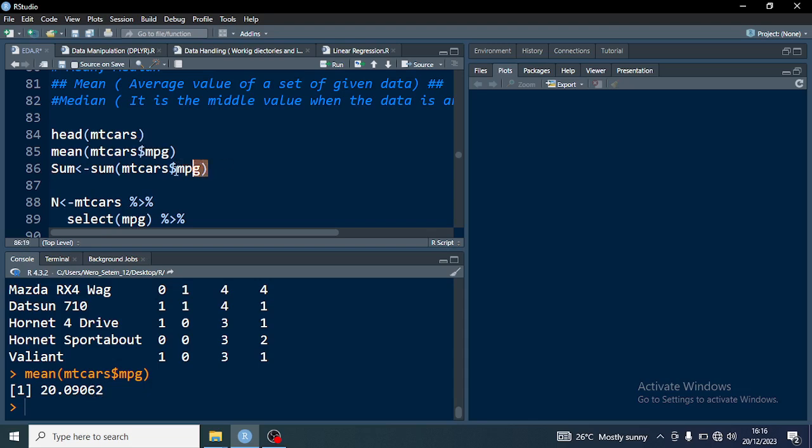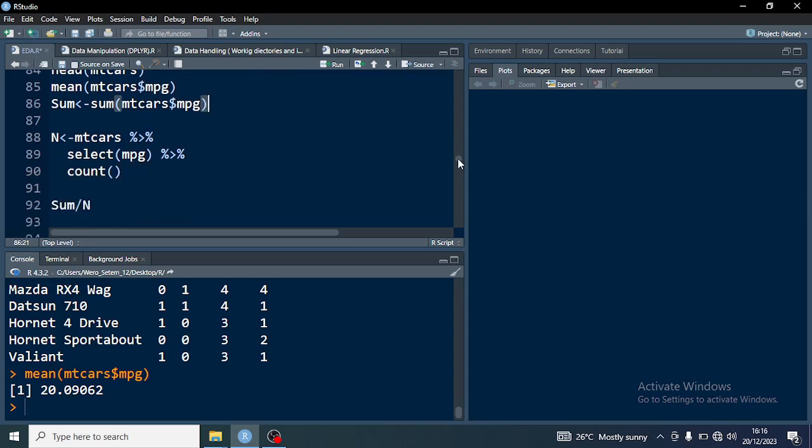So this is how you calculate the mean. The mean is the summation of the total observations divided by the total number.